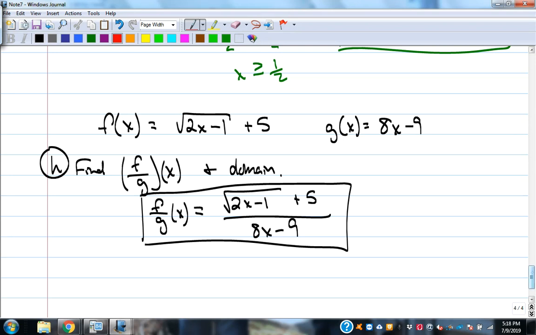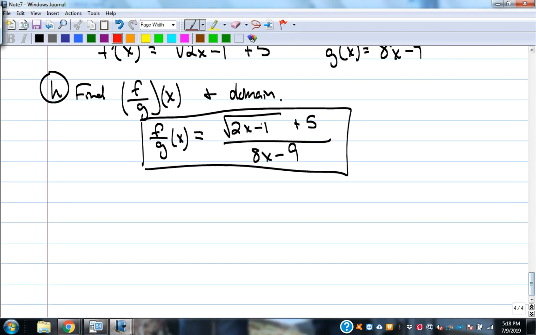And there's a couple of different red flags in this one. One of them is that one we just saw in the last example. You got the square root thing going on there. So we know that piece right there tells us that x has got to be greater than or equal to 1/2. But this piece tells us something that x can't be, right? Because we're going to take 8x minus 9 and set it equal to 0.